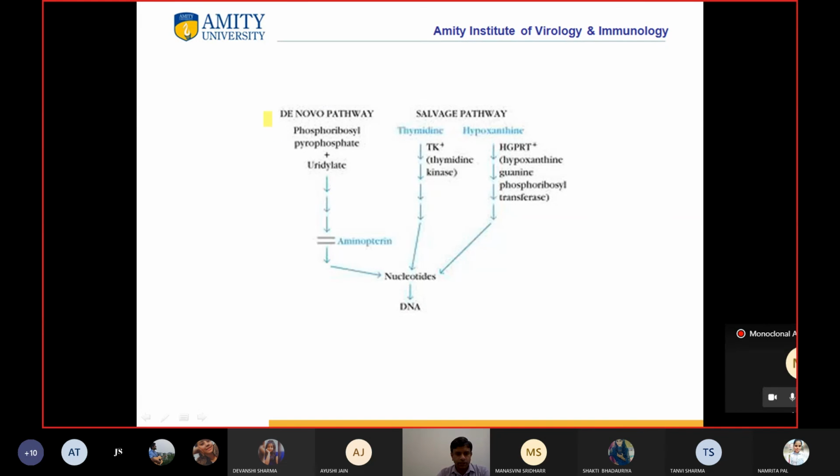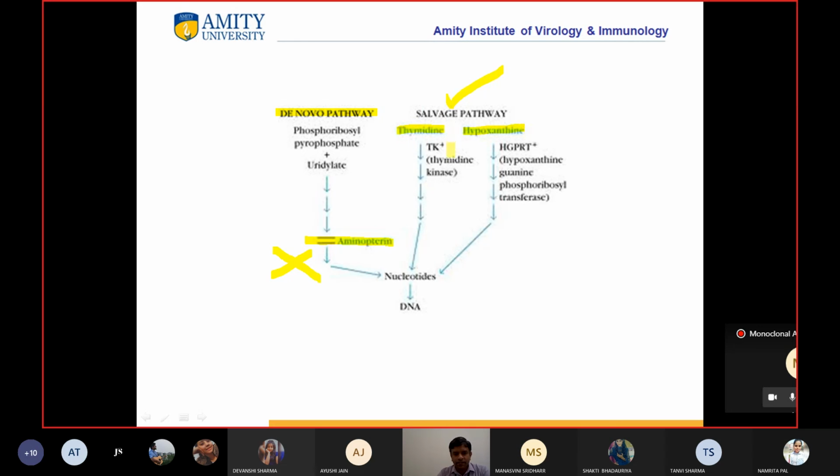This is just what I showed. There is the de novo pathway, and this pathway is blocked by putting in aminopterin. So this pathway is blocked in HAT medium. Now the cell will use the salvage pathway. As I said, the cell needs thymidine and hypoxanthine to use the salvage pathway.